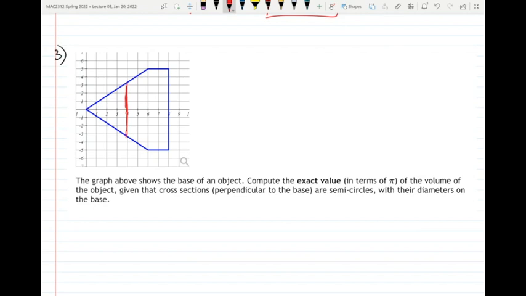So the radius is just this half right here, but everything's fine all the way up to 6. The moment that we pass from 6 to 8, now we no longer have this top line and this bottom line, right? But then it's easy because we know exactly what the radius is. What's the radius in that case? It's a constant. It's always equal to 5, right? But the point is that we have to split this into 2 situations, okay?